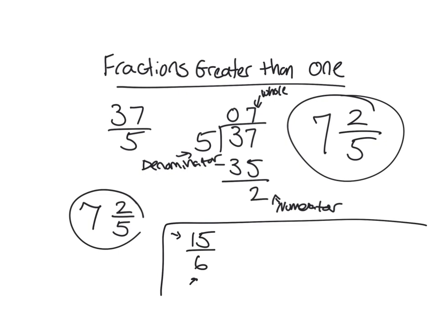If we have 2/3, that's not a fraction greater than 1 because the numerator is less than the denominator. If we have 17/4, that is a fraction that's greater than 1 because we have more pieces than a whole. So that's how to convert fractions that are greater than 1 into mixed numbers. And you just saw how mixed numbers get converted into fractions.